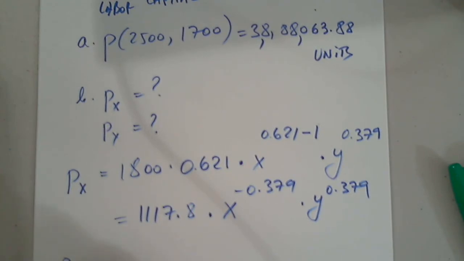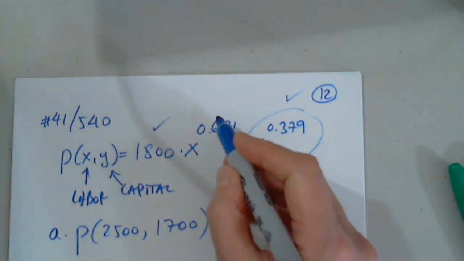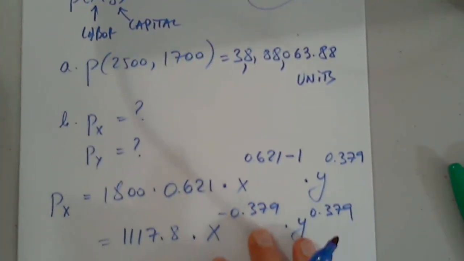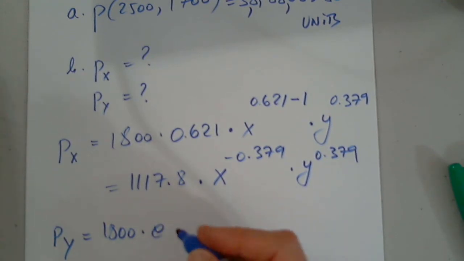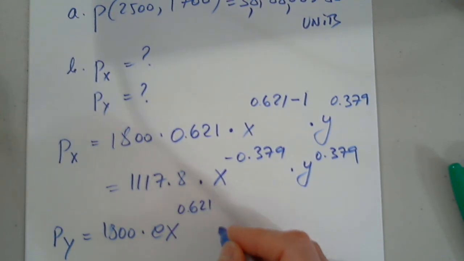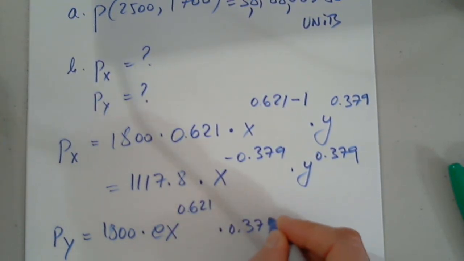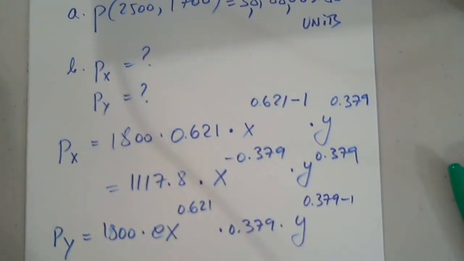So now Py. For Py, I'm differentiating with respect to Y, but the other factors are fixed, so I'm going to copy them: 1800 times X to the 0.621 times 0.379 times Y to the 0.379 minus 1.